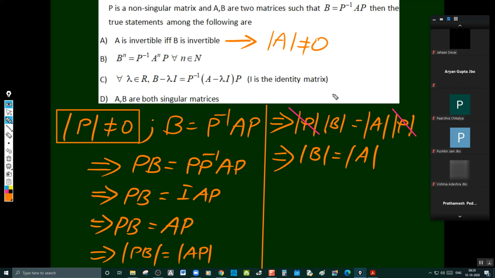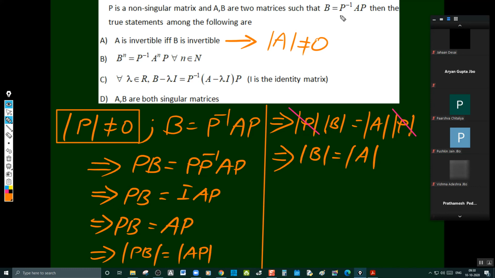So yes, sir. C should be automatically incorrect. Which one? We need the true statements among the following. B is automatically correct because you can raise the power. If you multiply both sides with P, P inverse into P will be the same, whatever is there.